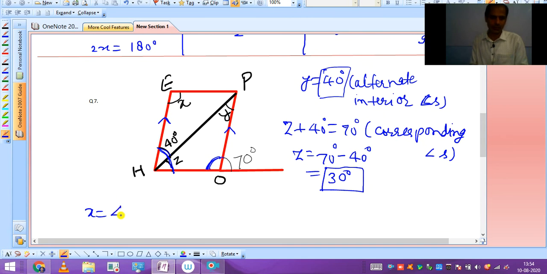So angle x equals angle POH, and the value of POH is 180 minus 70 degree, and you can write linear pair, LP.